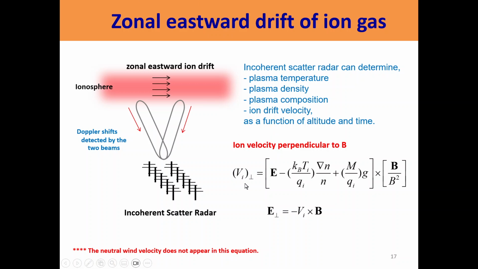So one of the formulas here is Vi is equal to E minus, this term you've seen before, no? And then this is the gradient. And the important term is here, which is the B term, which is the magnetic field. So basically, it's the interplay between the velocity and the magnetic field of this electric field.